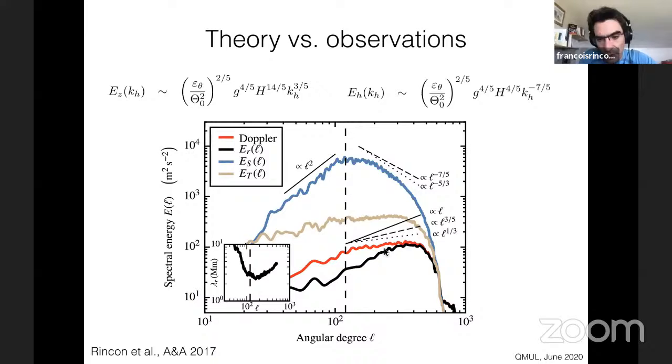And on top of the black curve here, which is radial velocity, I've put k to the 3/5, which is an anisotropic scaling I predict, and k to the 1/3, which would be just a very quick and dirty modification of Kolmogorov for the radial velocity. So you see, it's not too bad in the sense that it doesn't give a completely wrong answer. At least it predicts that one of them is decaying and the other is growing.